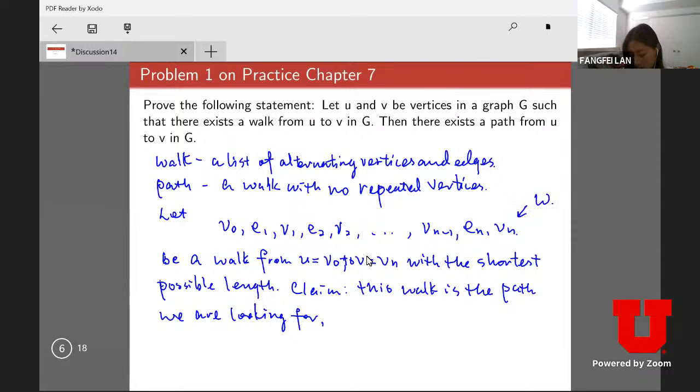So W has no repeated vertices. That's what we claim. We're claiming that the shortest possible walk is the path that we're looking for.